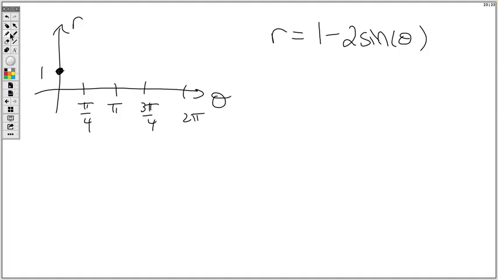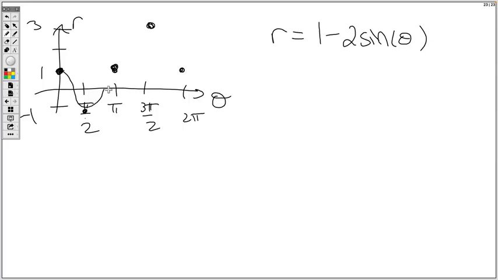These are pi over 2's. You plug in pi over 2, now you're down at -1. At pi, you're back to 1. At 3 pi over 2, you're up to 3. 2 pi, back to 1.